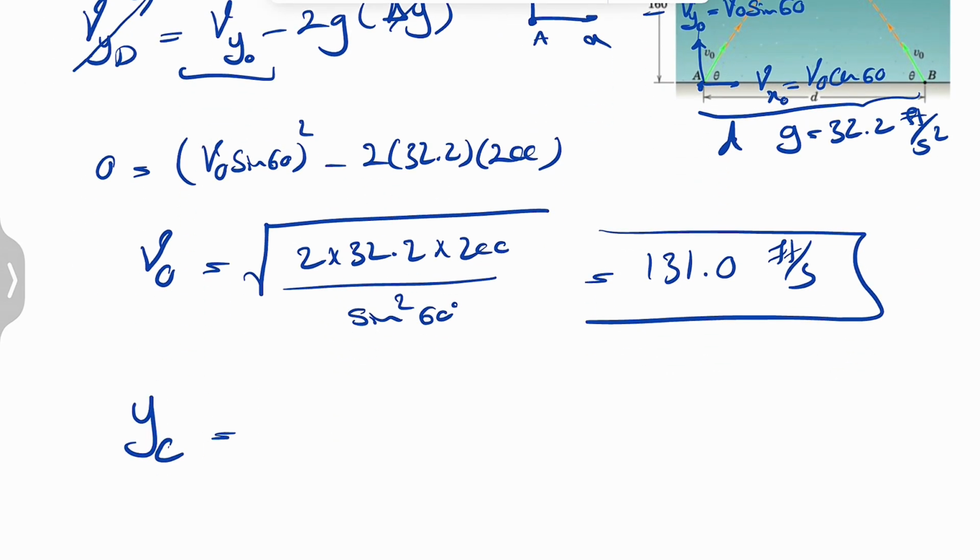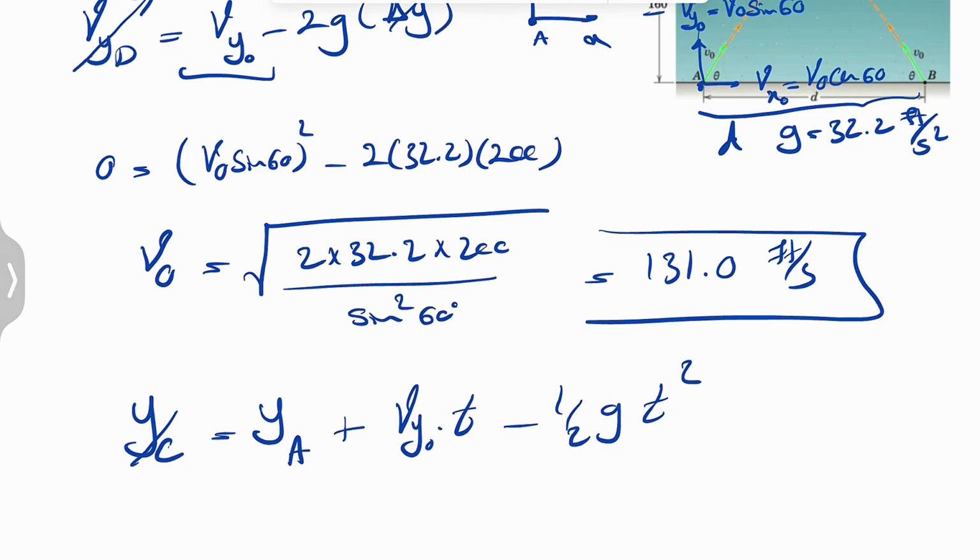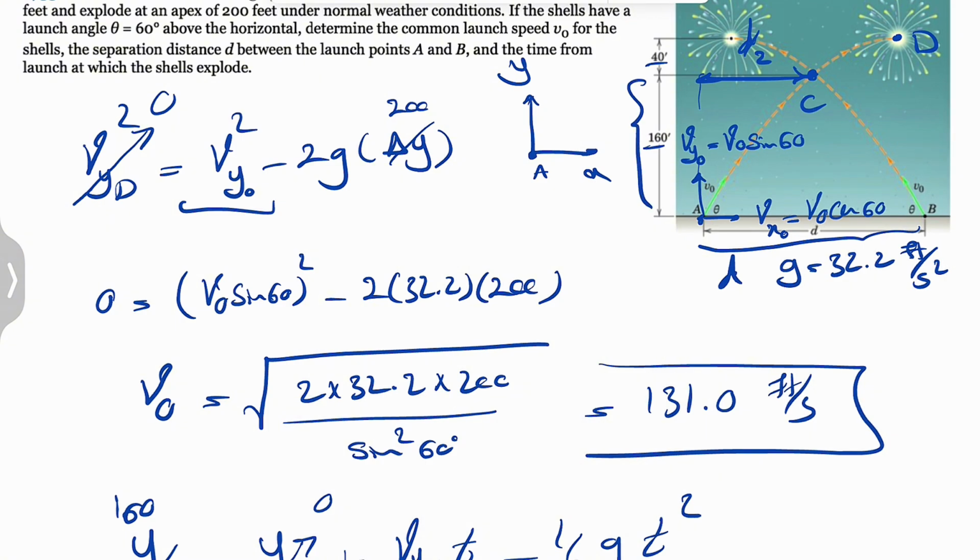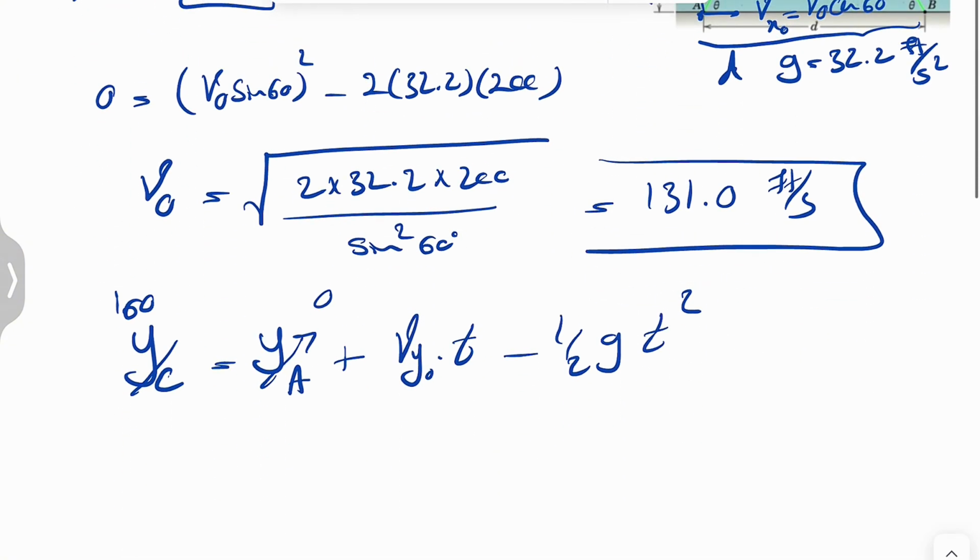The y at C is equal to the y at A, which is 0, our origin, plus 0 times t, minus 1/2 g t squared. The yc is 160 feet. We can figure out the vy0 based on the initial velocity that we found.